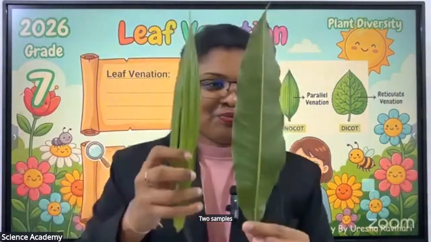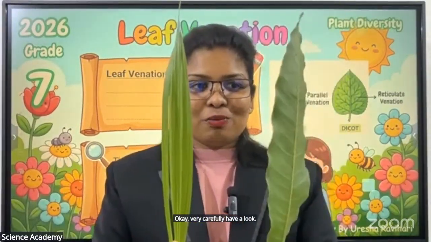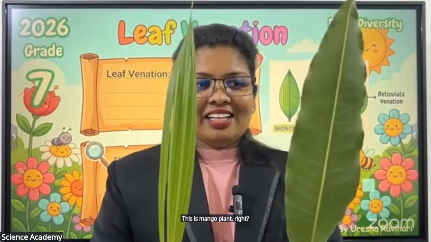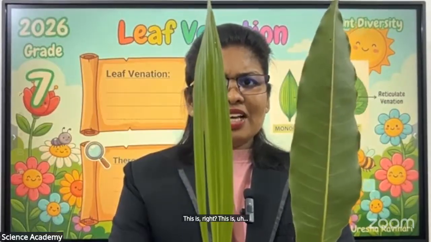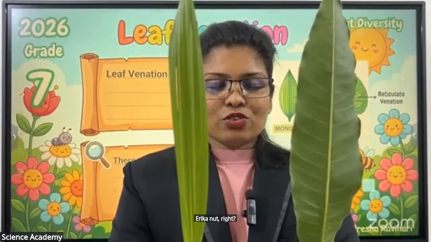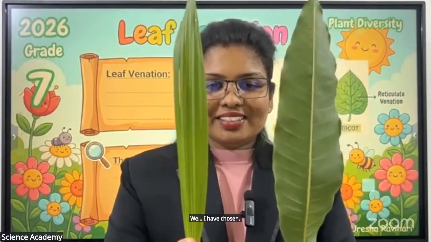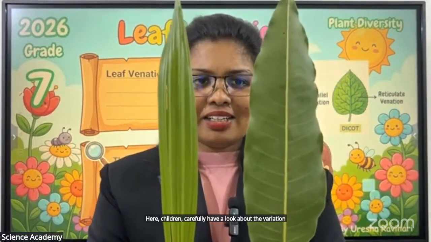Very carefully have a look. This is a mango plant leaf, and this one is areca nut, which I have chosen. Carefully have a look at the venation of the plant leaf.